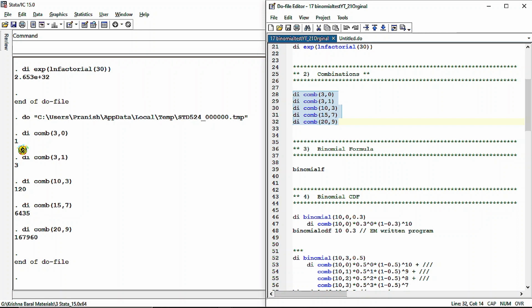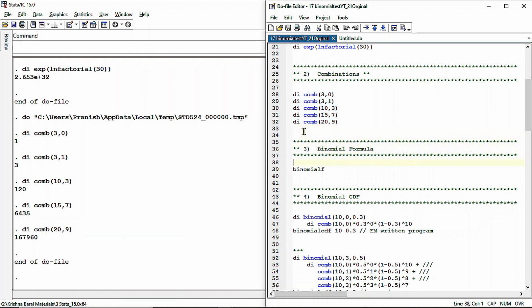There is one way to select nothing out of three objects, and there are three unique ways to select one object out of three objects, and there are 120 unique ways to select three objects out of 10 objects, and there are 6,435 unique ways to select 7 objects from 15 objects, and there are 167,960 unique ways we can draw 9 objects from 20 objects.